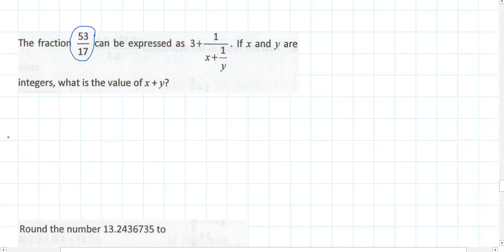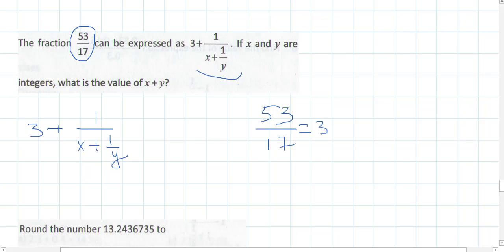So let's begin with the denominator of this expression, 3 plus 1 over x plus 1 over y, and 53 over 70 we can write as 3 and 72. Yes, because 51 plus 2, 53 will be. Yeah.